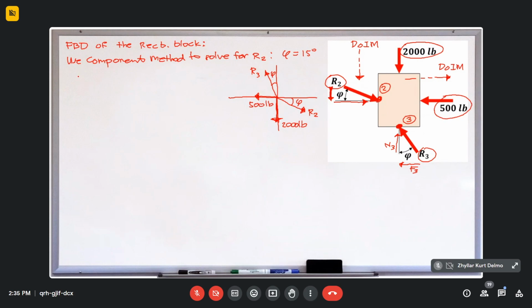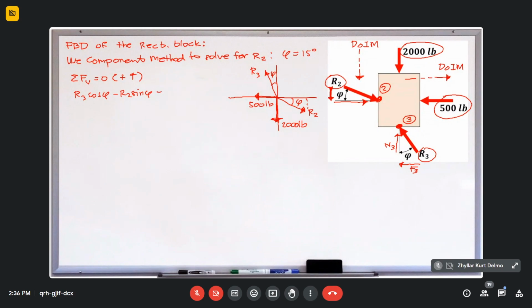Okay. So we perform summation of forces vertical equal to 0, positive if upward. So we have R3 cosine phi, then R2 is negative, minus R2 sine phi, because this part is sine.